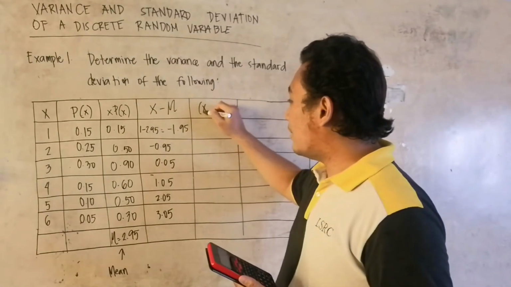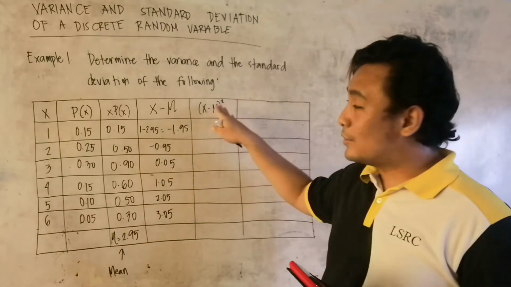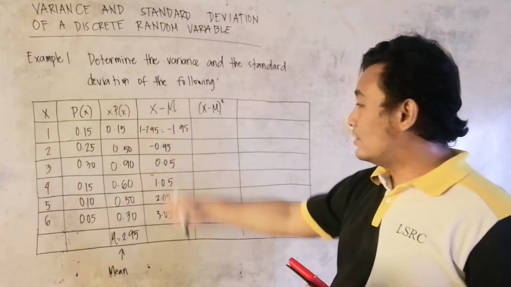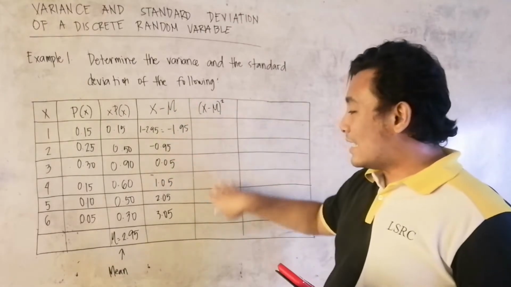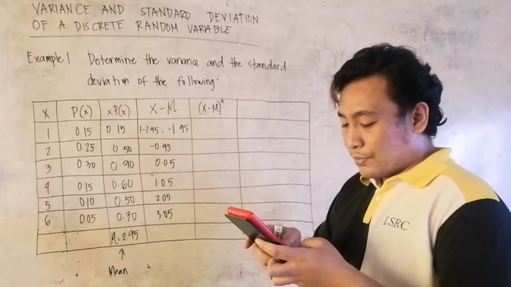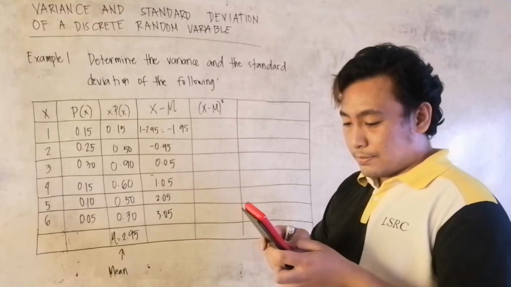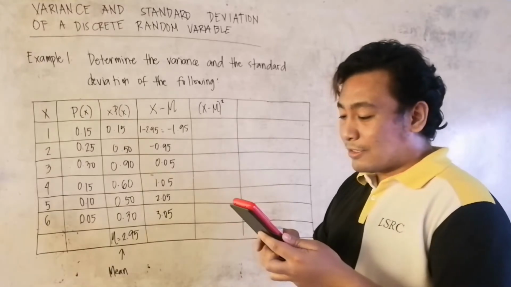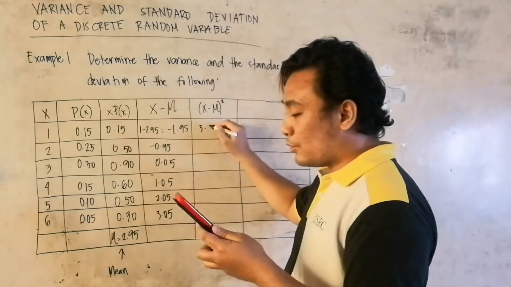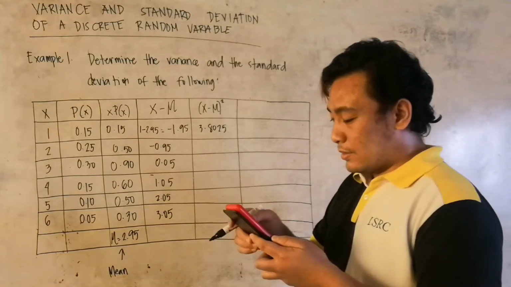So we have x minus mu squared. So we are going to square this column, and then ilalagay natin dito. So for that is negative 1.95 squared. Negative 1.95 squared is equal to 3.8025.